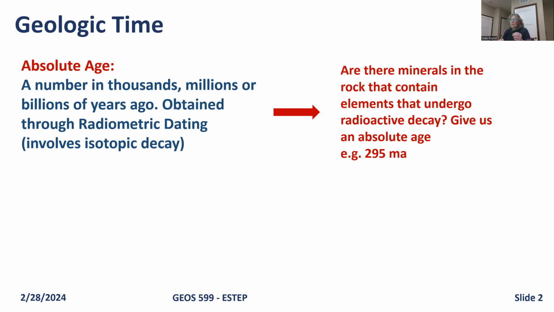And we get this number through the process of radiometric dating, which involves isotopes. So the first thing we want to do if we're trying to get an absolute age from a rock is to know whether there are minerals in the rock that contain elements that undergo radioactive decay. Because if there are, then we can get an absolute age.